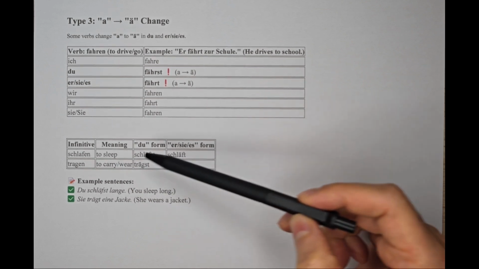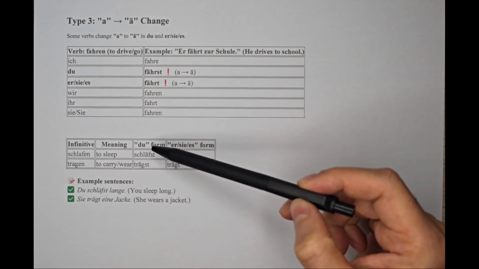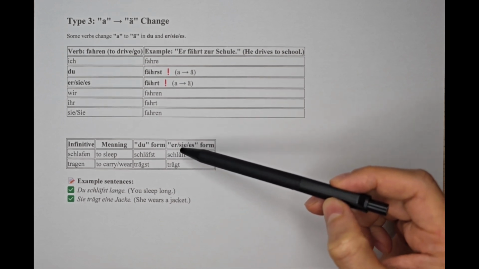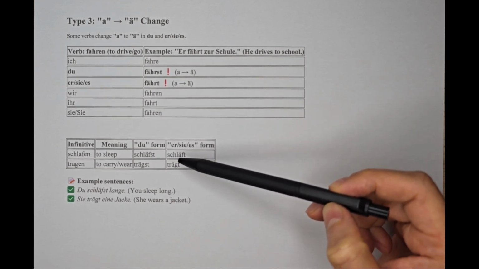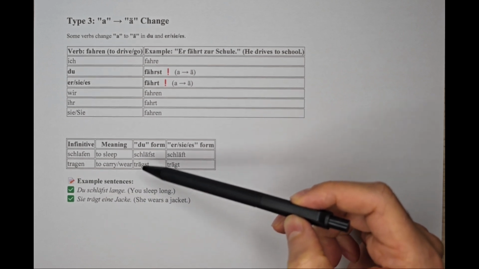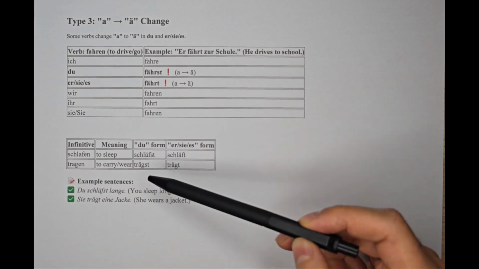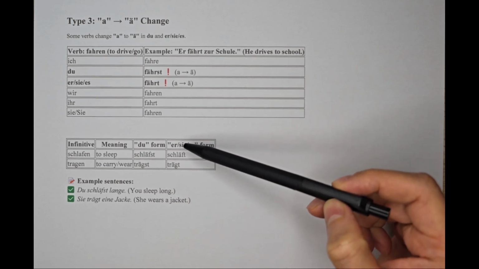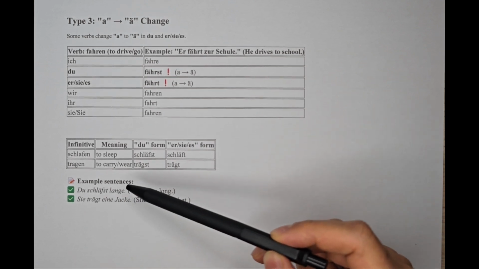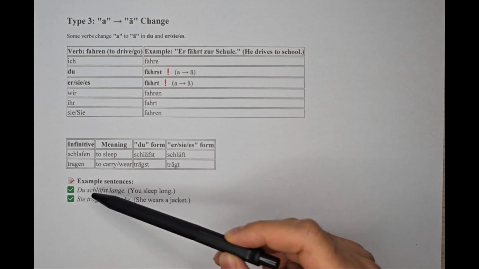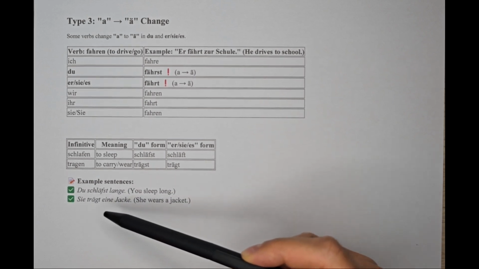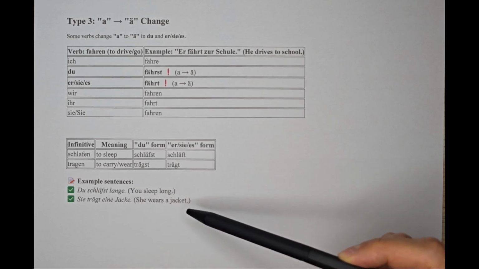Schlafen will convert into schläfst in case of du form or the second person singular, and in case of the third person singular, it will convert into schläft. Similarly, tragen will get converted in case of the second person singular du into trägst, and the third person singular es into trägt. Example sentences for that are: Du schläfst lange, you sleep long. Sie trägt eine Jacke, she wears a jacket.